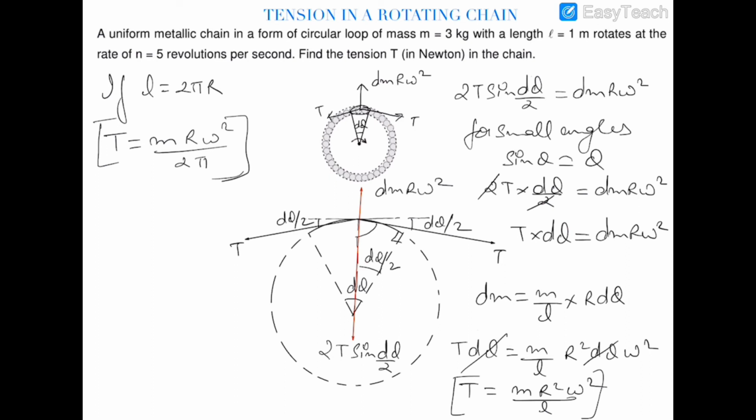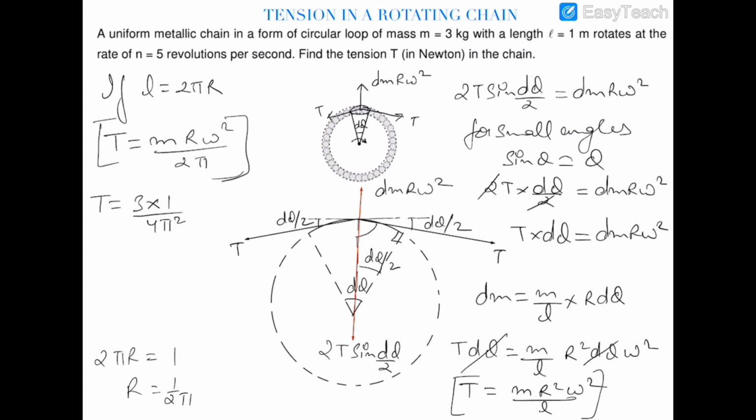Now if we put the values which are given in this question, T will be equal to M is 3. The radius can be calculated by 2 pi r is equal to L. L is 1. So r is equal to 1 upon 2 pi. So there will be 4 pi square.